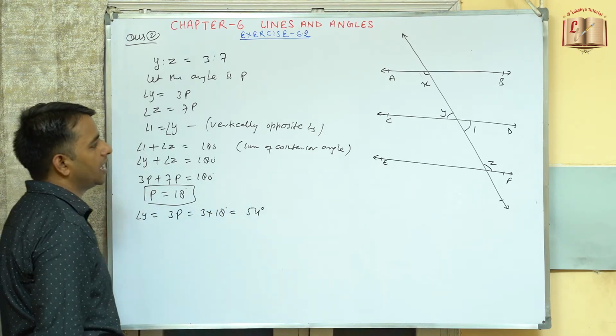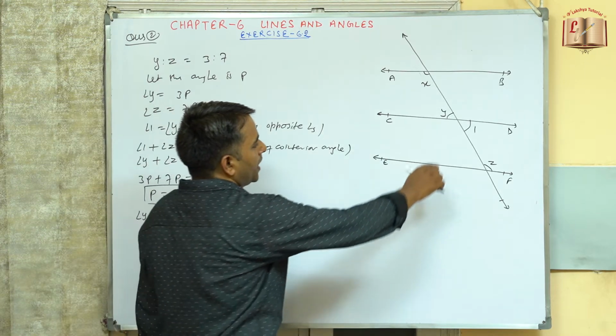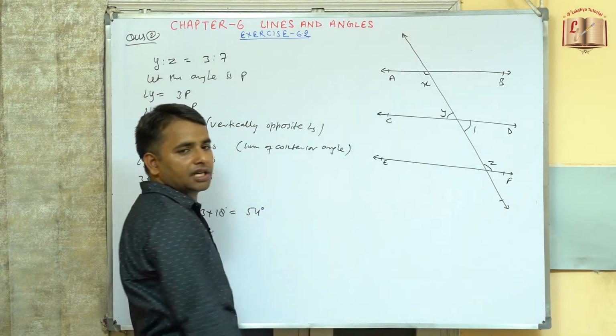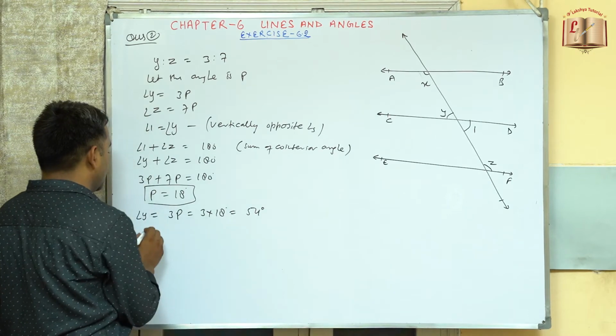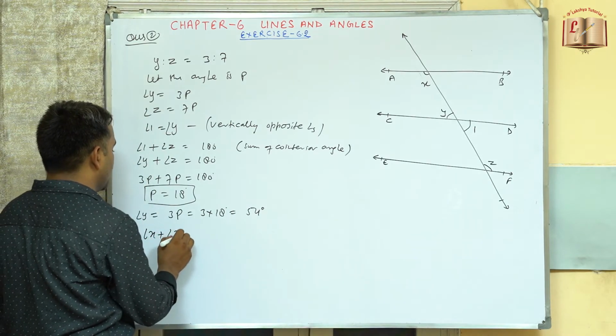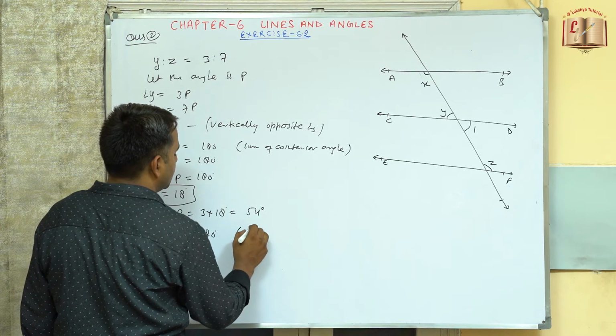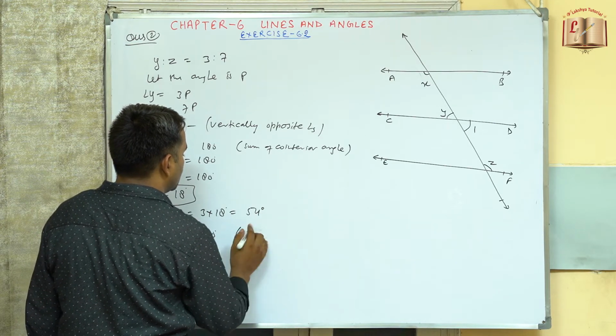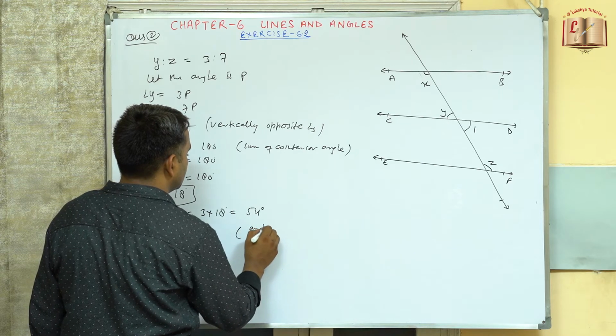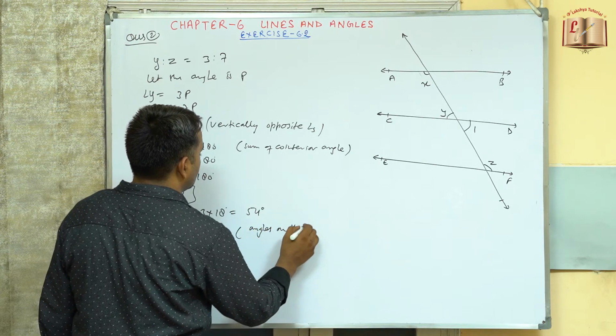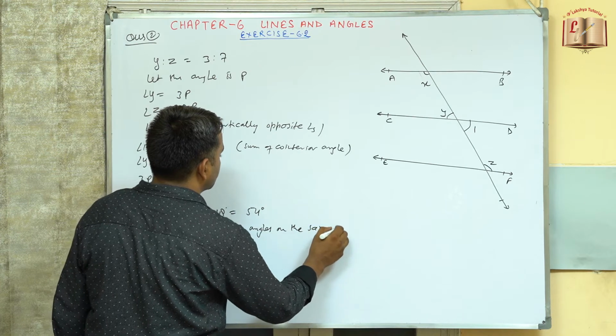So we got angle y as 54 degree. Now from here angle x plus angle y will be equal to 180 degree. These are the angles on the same side of transversal.